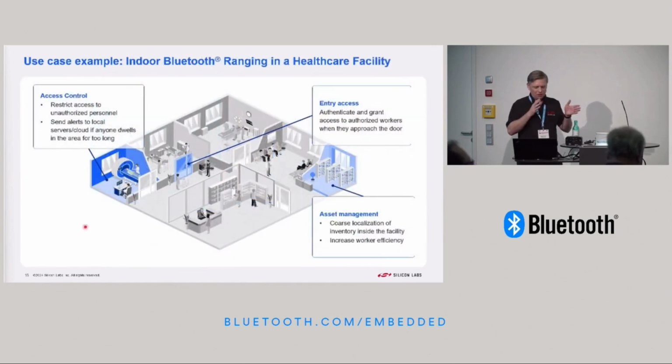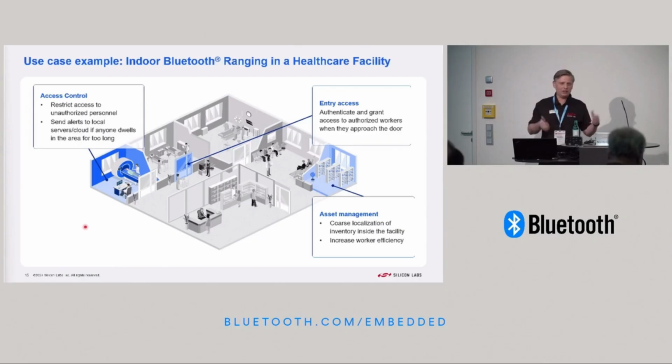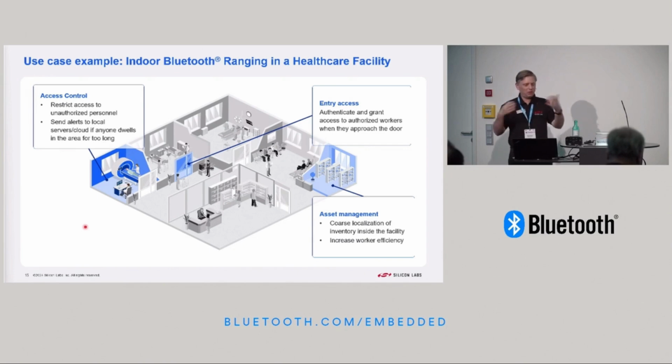So to dig into an asset example, this actually combines both use cases. Let's say in a healthcare facility, if you are enabling channel sounding on the enterprise access points that are across a floor of a hospital, you can then apply access controls to sensitive areas where certain people aren't supposed to have access.